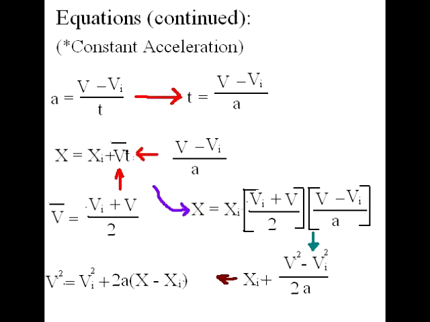Which, if you follow the greenish blue arrow down, will give you x final equals x initial plus v final squared minus v initial squared divided by 2a. If you then follow the maroon arrow, it will give you v squared equals v initial squared plus 2a, open parentheses, x final minus x initial, close parentheses.